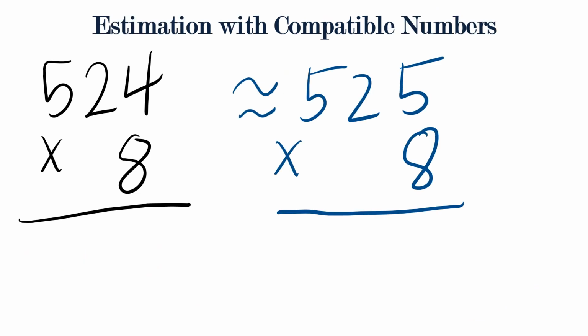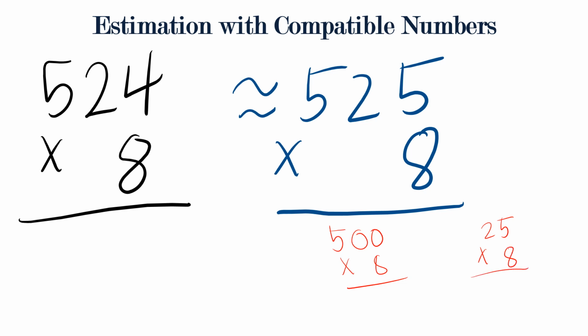Now with compatible numbers, remember they are considering a compatible number to be anything that ends in a 0 or a 5. So in your book, they might take 524 and say, instead of saying that's approximately 520, that's approximately 525. And then you could have your students break this down into 500 times 8, and then 25 times 8.